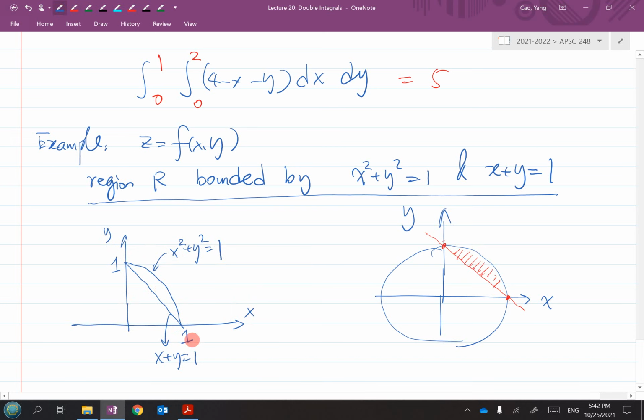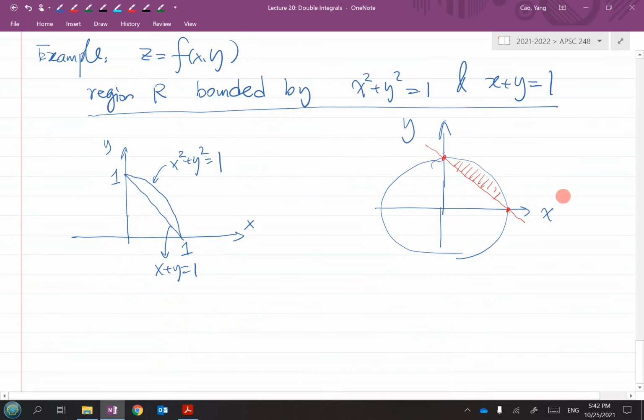Okay, all right. So once you find this region R, now I did not sketch this surface, but in your head you have to know firmly what we're dealing with.